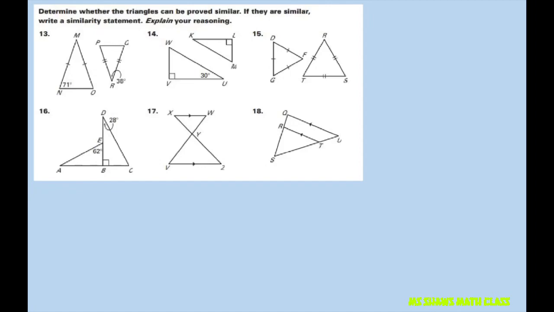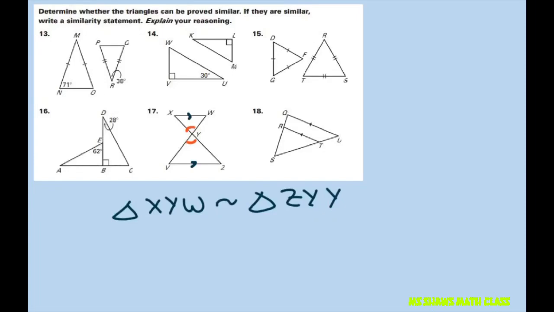So 17, I have these parallel lines. So these are parallel. And I also have, by intersecting lines, my vertical angles are congruent. So I can say for this one that yes, triangle XYW is similar to triangle ZYV, because of the parallel lines, we have two pairs of alternate interior angles and one pair of vertical angles.